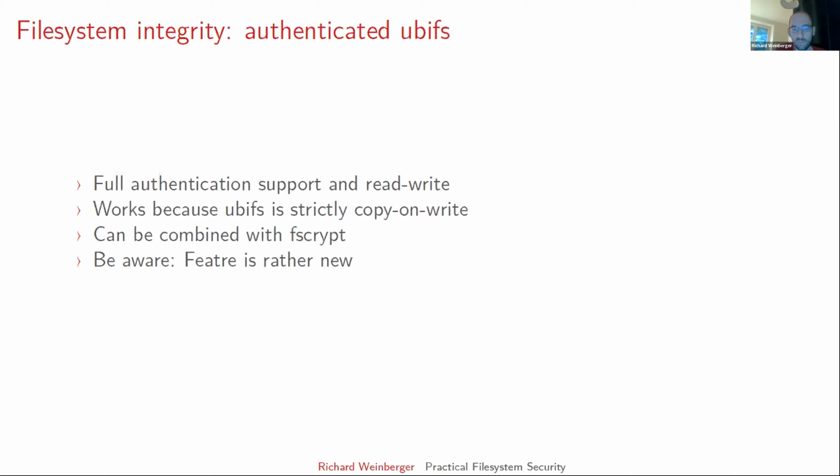This sounds like a whole lot of work. It wasn't that much work, because since UBIFS works on raw NAND, it's strictly copy on write, and then you can add basically to each file operation an authentication tag, and you get a lot of features for free.